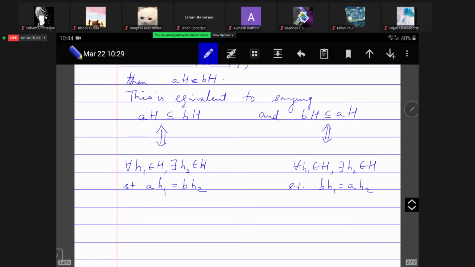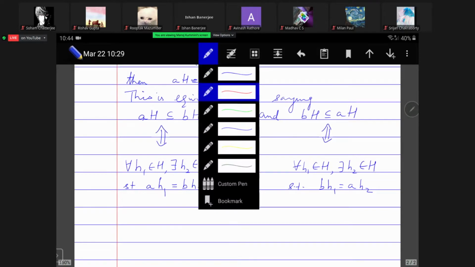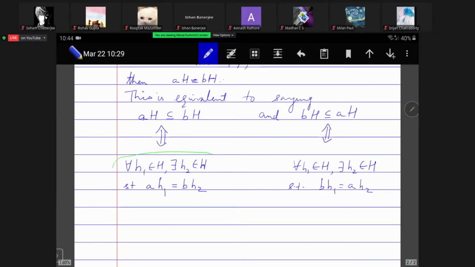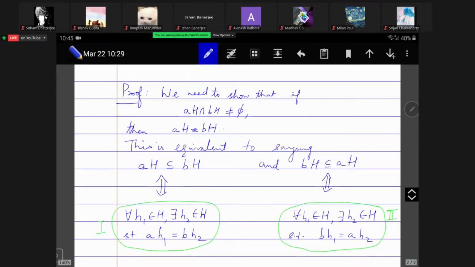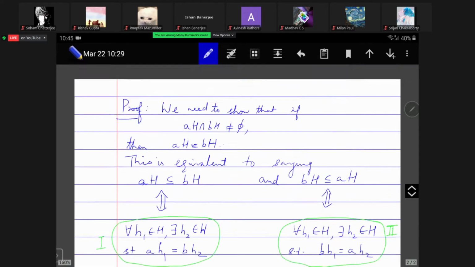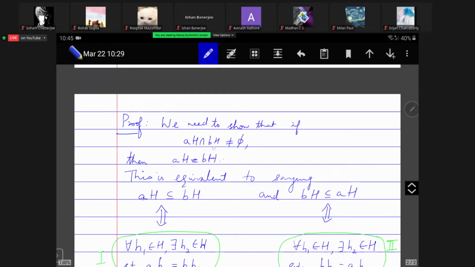Let me label these as 1 and 2. So 1 and 2 is what we need to show, assuming that AH intersect BH is not empty.